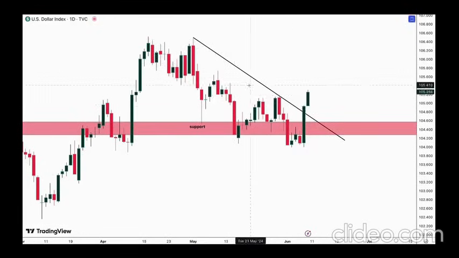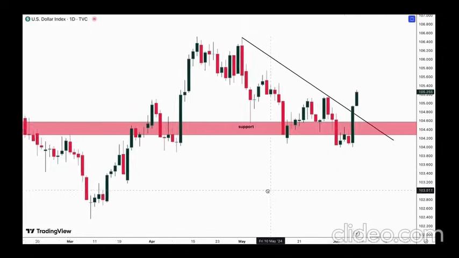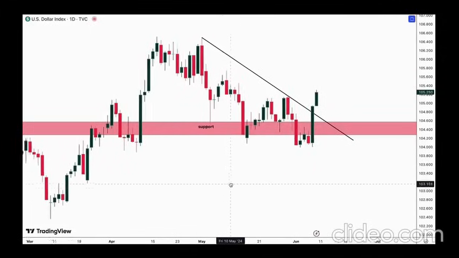If a trend line is drawn through just a single point on the chart, that is not a trend line. But two points and above is okay. It can be 2, 3, 4, as long as it connects two or more points on the graph, then that is a legit trend line, guys. So here our trend line is perfectly pressed there. So I think we are good to go to the lower time frame.